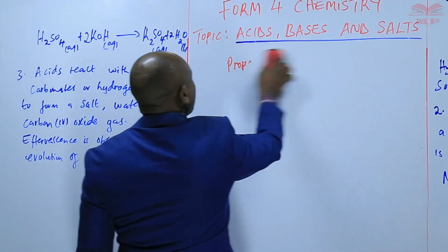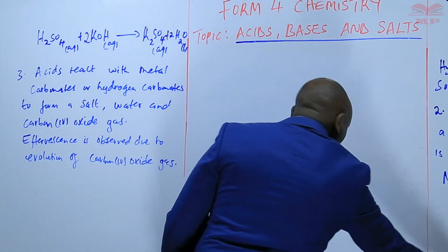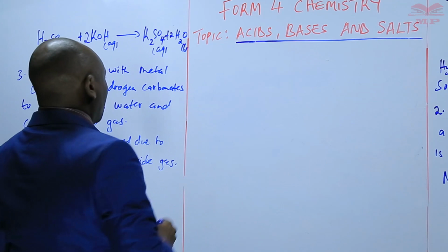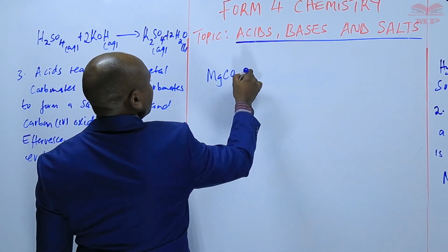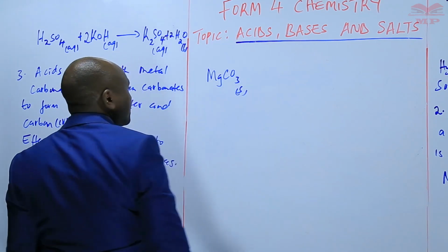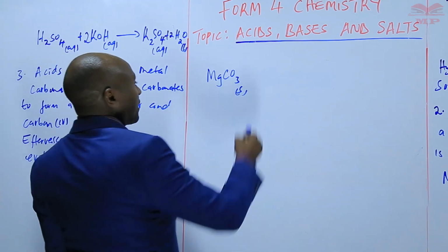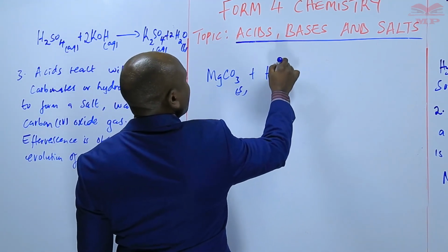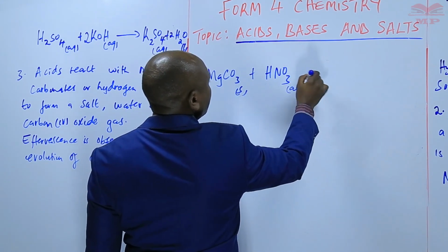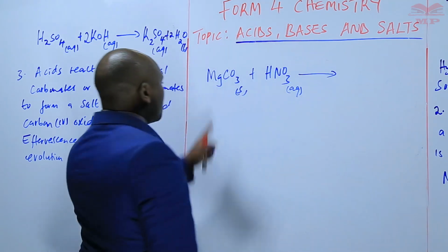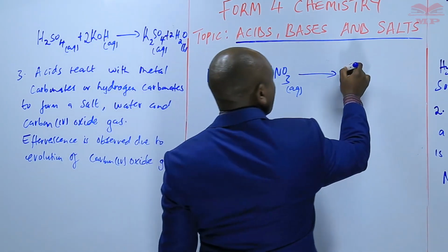We'll take some examples. So you can have magnesium carbonate. This one is a solid because it is insoluble, plus nitric acid. And on this we'll have magnesium nitrate as the salt.